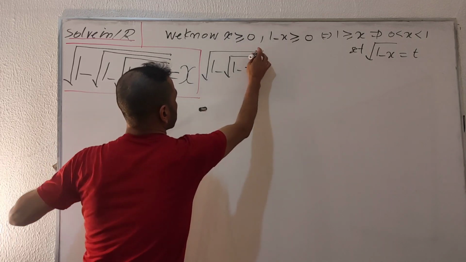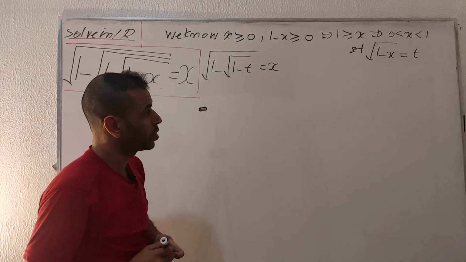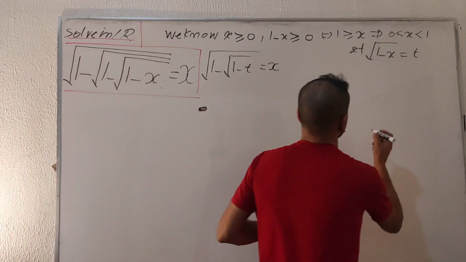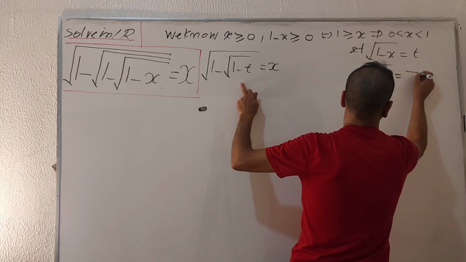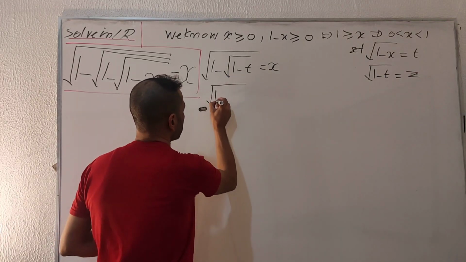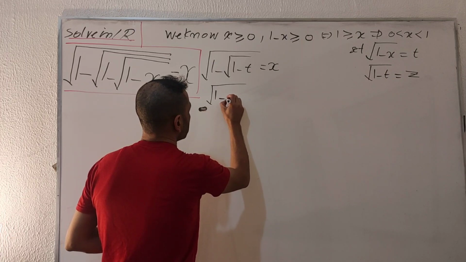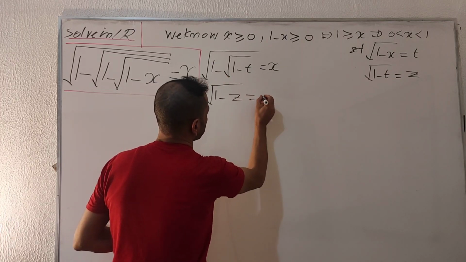Let's keep x without replacing it this time. Let's put another substitution: 1 minus t equals z. Now the new equation becomes 1 minus the square root of 1 minus t, which becomes z here, equals x.